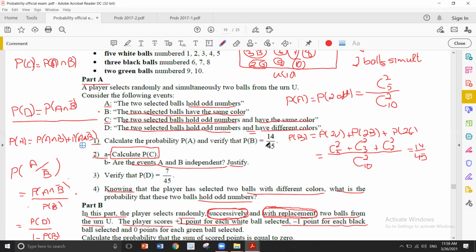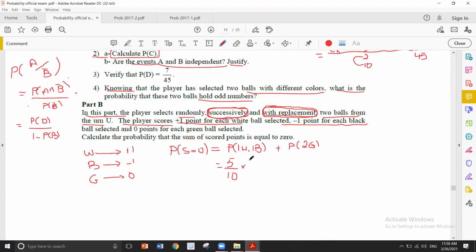The black are 3, 3 over 10. Why over 10 again? Because it is with replacement. Plus 2 green: 2 over 10 times 2 over 10.